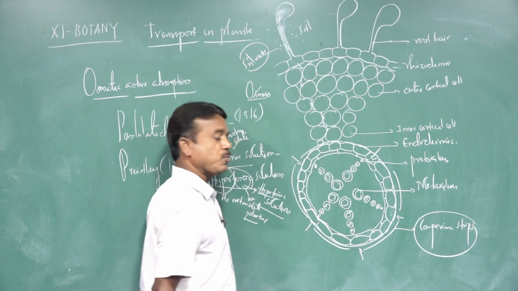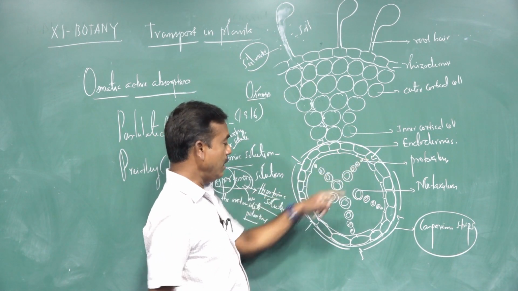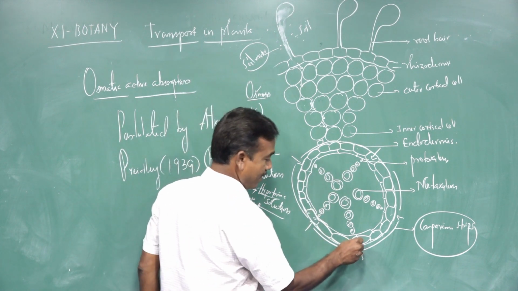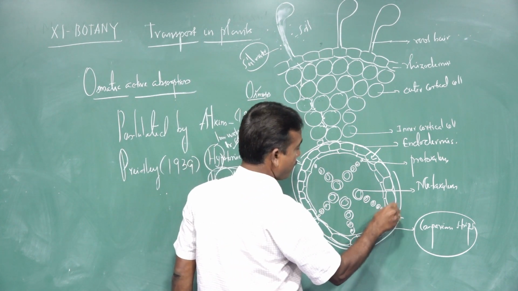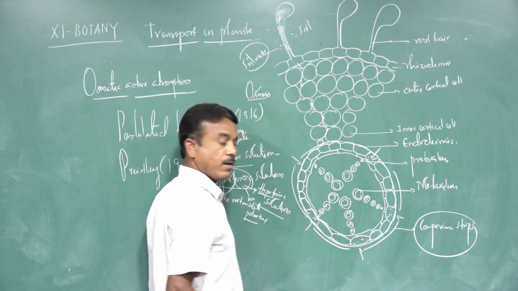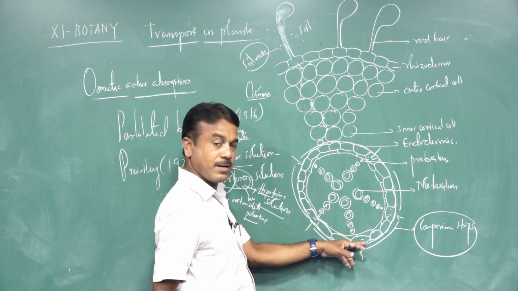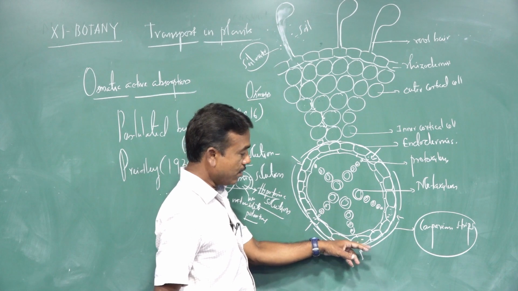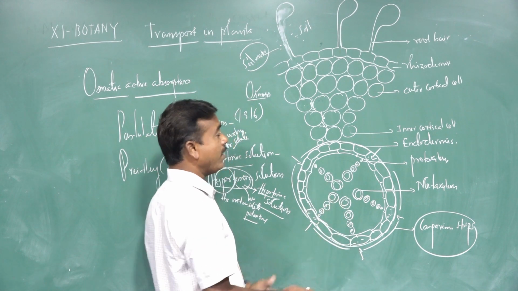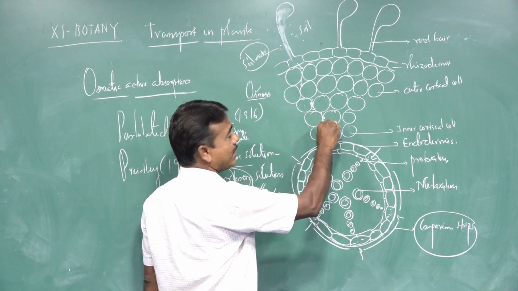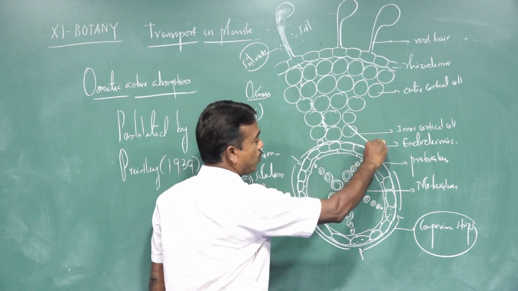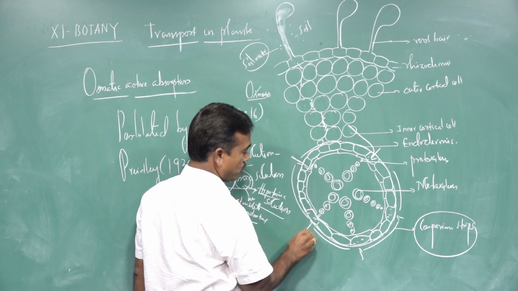Due to the presence of the Casparian strips, other than the passage cells, water cannot be allowed to enter. So from the inner cortical cell, the water molecule enters the protoxylem.